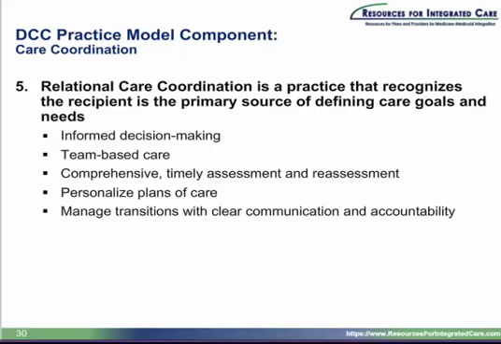Key components of this pillar are identity of risk, requires informed decision-making, team-based care with competency in primary care, nursing, mental health, and community-based services. Note here, I'm not necessarily saying people's professions. I think what's important is that they have the competency in that area.